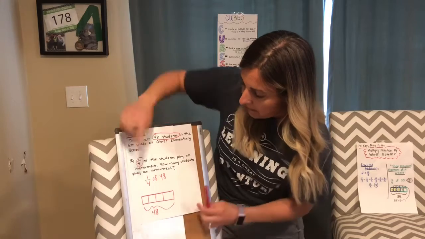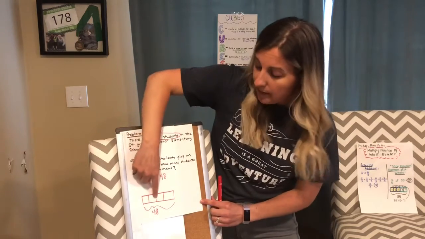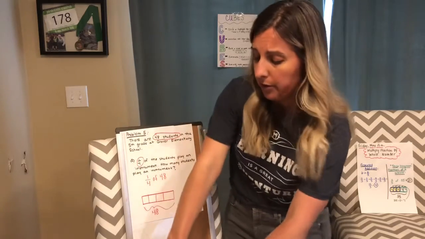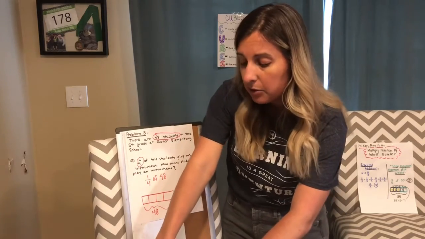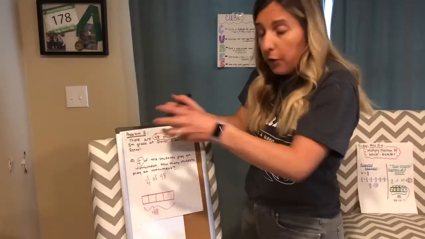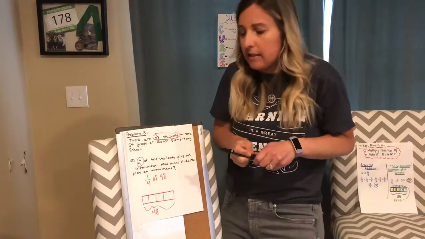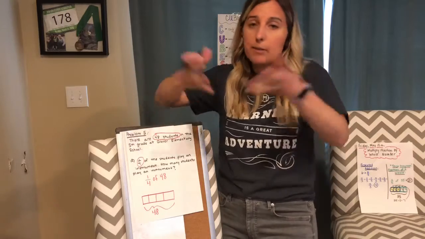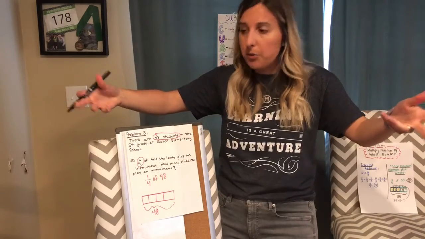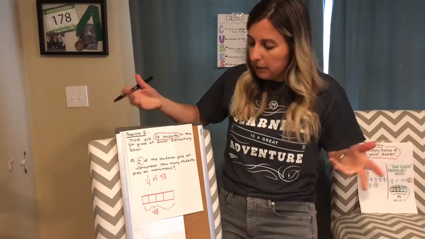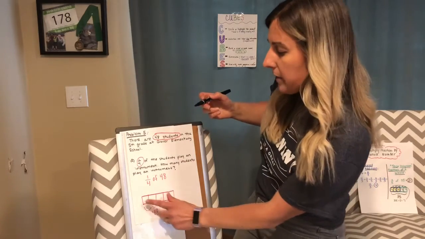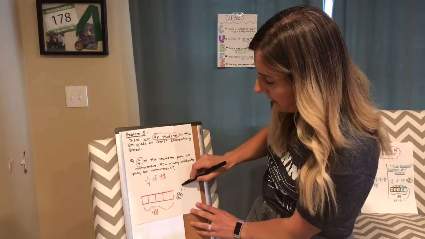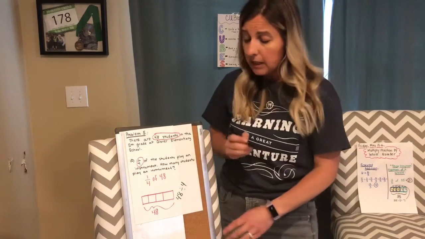So some students are going to go in this fourth, some students in this fourth, some students in this fourth, and some students in this fourth. How are we going to know how many students go in each fourth? We're going to have to divide those students up. Think about it, when you have a group of students and you have to split yourself up onto teams, you divide those people up. So 48 split up into 4 is like doing 48 divided by 4.